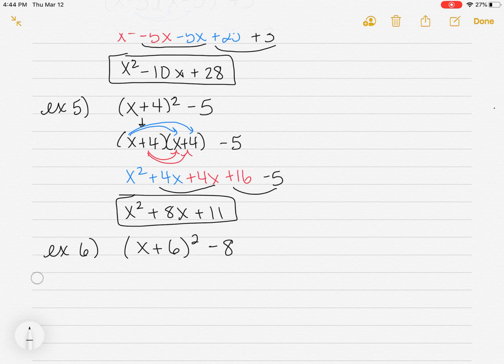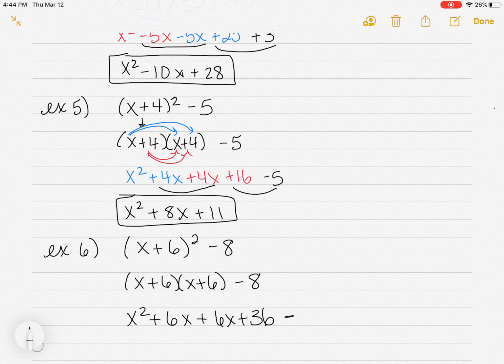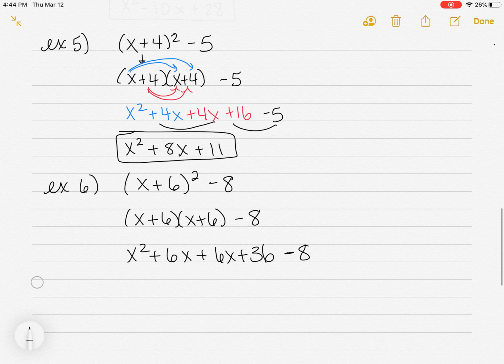All right, so we're going to expand that, take on that minus 8, foiling, I get x squared, 6x, 6x, and 36. Don't forget the minus 8. 36 minus 8, and I believe that's going to be 28, but I'm going to double check.